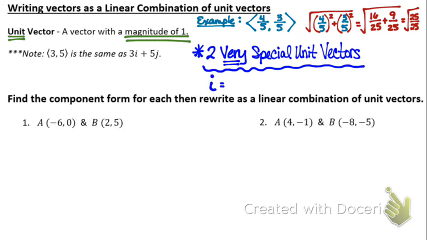The vector i in component form is 1, 0. So if anybody wanted to be a guessing person, if i is 1, 0, and we know j is a unit vector, does anybody want to take a guess at what j looks like in component form? 0, 1.